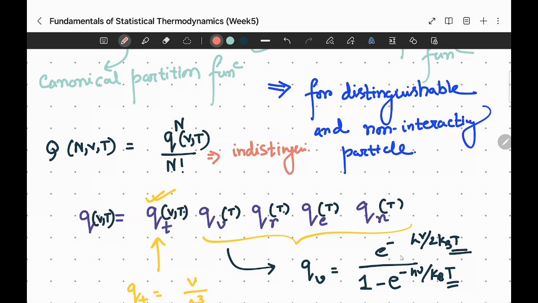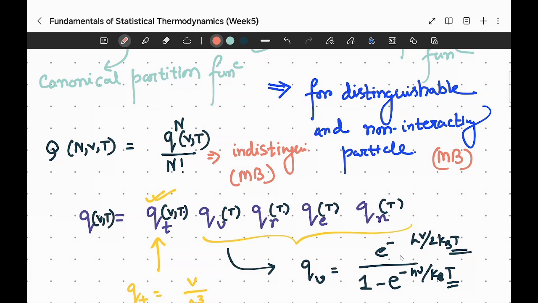But what is the type of particle we are considering here? That is not mentioned clearly. So that's why I'm saying it's very important to make clear that all are Maxwell-Boltzmann particles. We are considering the Maxwell-Boltzmann particle.